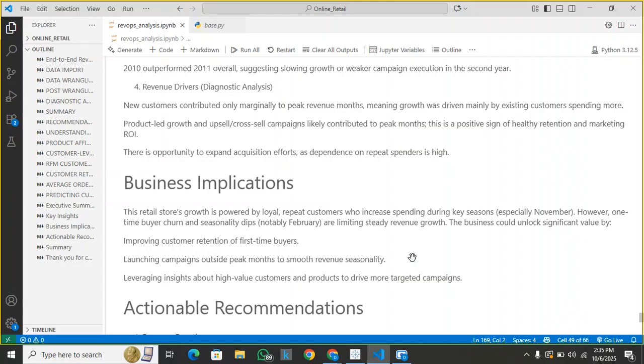The business could unlock significant value by improving customer retention of first-time buyers, launching campaigns outside peak months to smooth revenue seasonality. And lastly, leveraging insights about high value customers and products to drive more targeted campaigns.